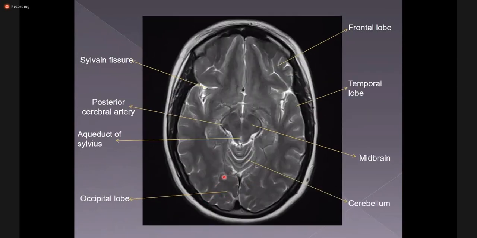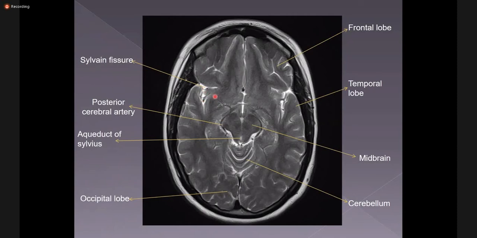This part is only the occipital lobe. This is the midbrain, and posteriorly in the midbrain this is the aqueduct, a white structure, because the aqueduct contains CSF, so it appears white. And these are the folia of the cerebellum, and around the midbrain there are the posterior cerebral arteries.